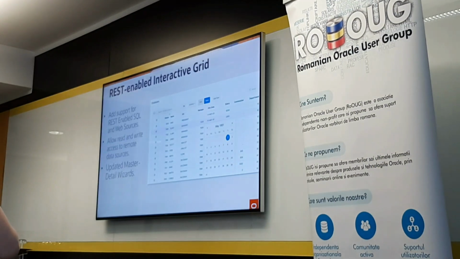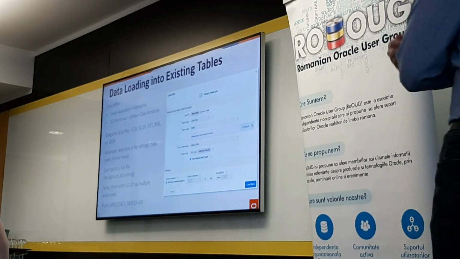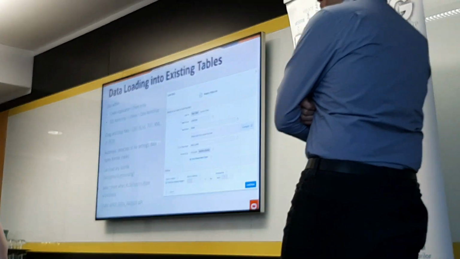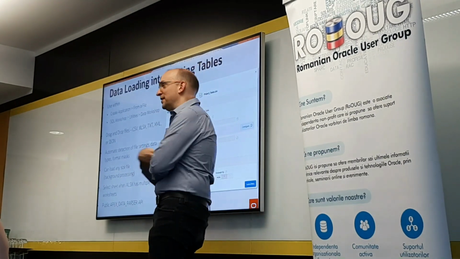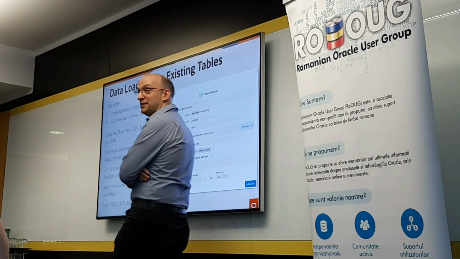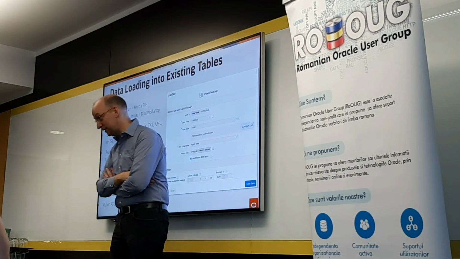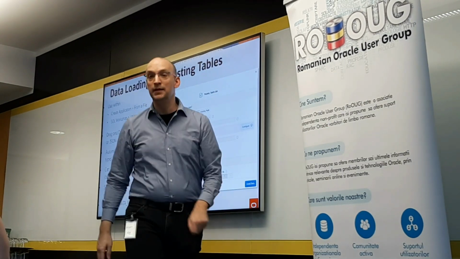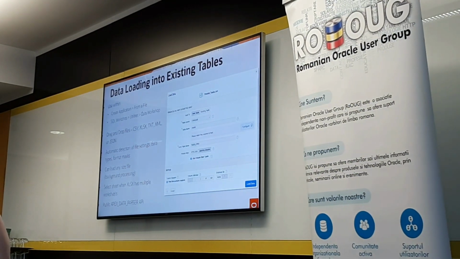Okay, so tiny things, loading data into existing tables. 19.1 introduced the new data loading in SQL Workshop, with just a minor issue that this new wizard was only able to load into new tables. And that was completed. Data loading can load into existing tables in 19.2.